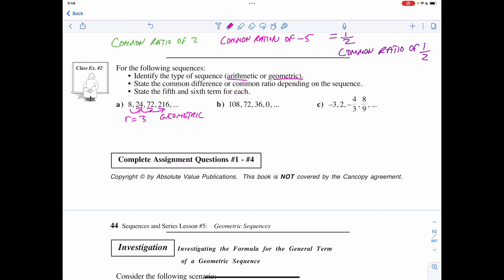If I keep this pattern going, then I can multiply 216 by 3 to get term 5 equaling 648, and term 6 to equal 1,944.